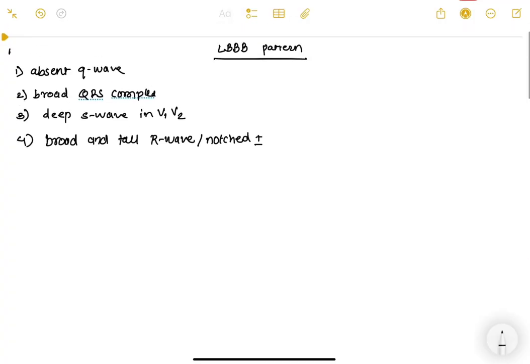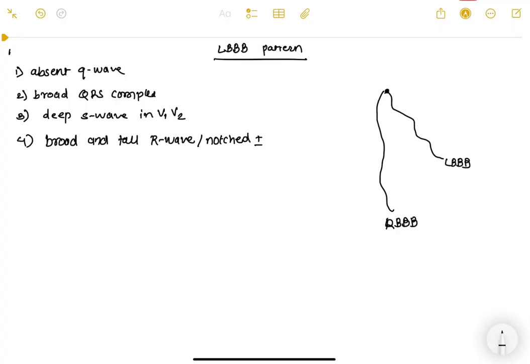Now let's assume this is the bundle of His. This is your left bundle branch. This is your right bundle branch. Normally, you know that the left bundle branch depolarizes first and it will depolarize the RBB.